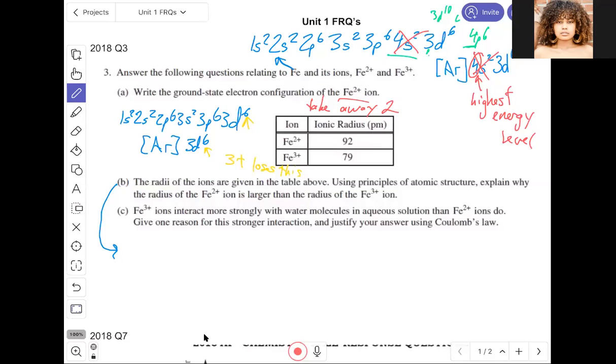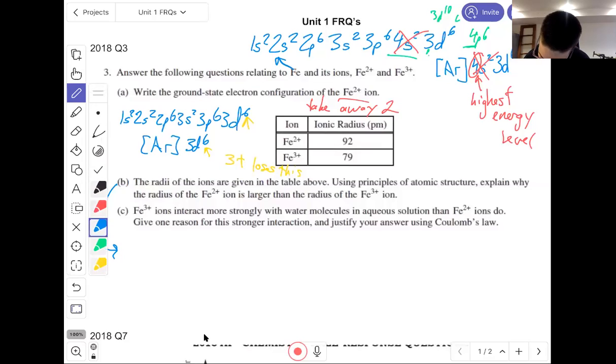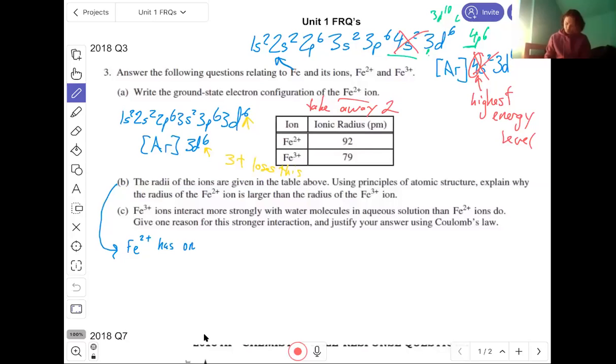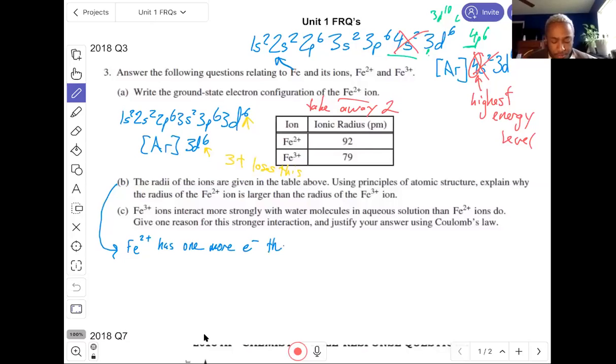So wait, is it like, just for me, it's because Fe2+ has a greater number of electrons than Fe3+.